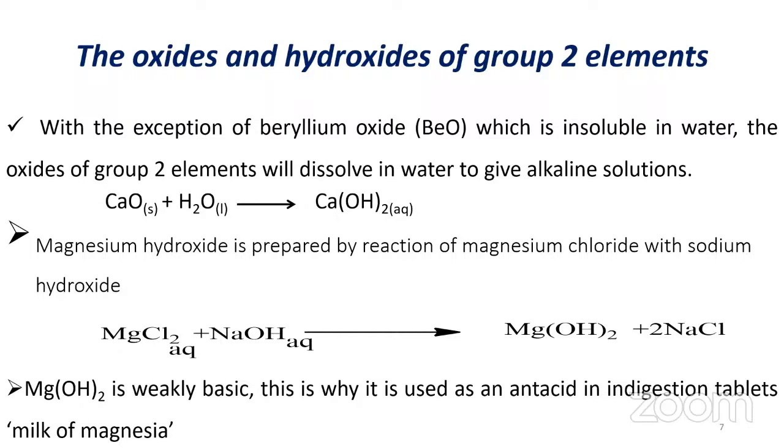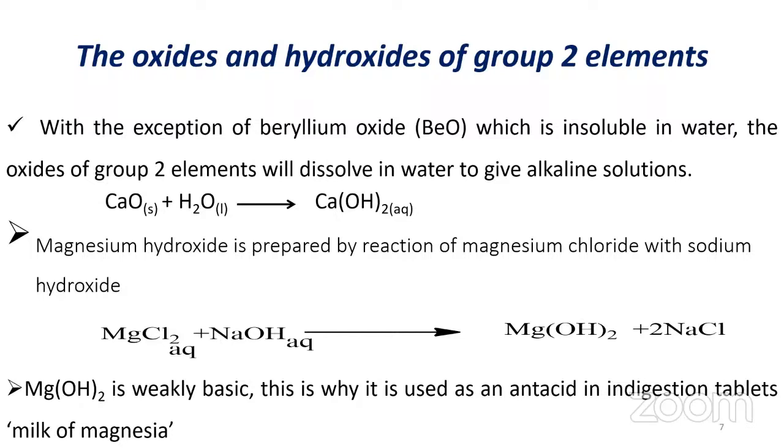So your group 2 elements, their oxide, when they react with water, will form hydroxide. But the exception is your beryllium oxide. Your beryllium oxide is insoluble in water, and they don't also react with oxygen.